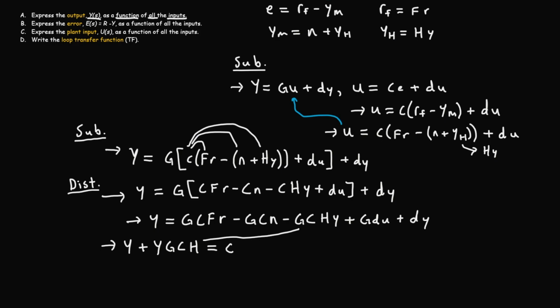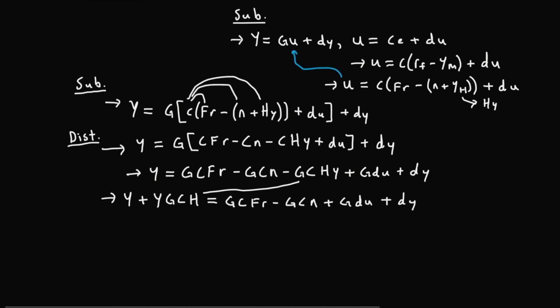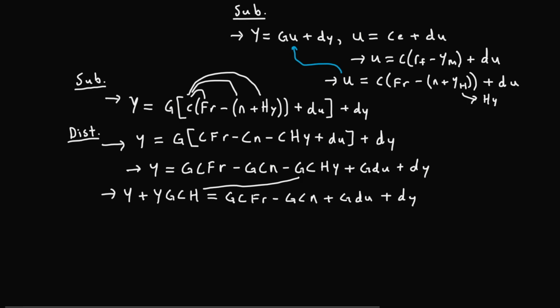And to the right of the equal sign, we are left with GCFR minus GCN plus GDU plus DY, just like so. And now we can rearrange the left side as y times parentheses 1 plus GCH, which is of course the same as y plus YGCH. And then just bringing down the right side.